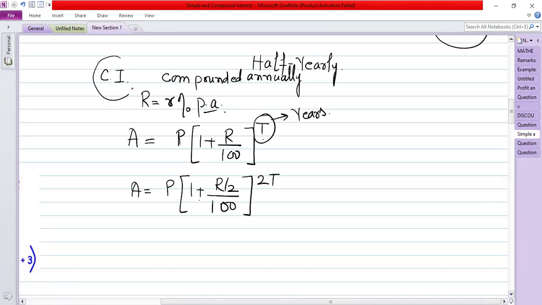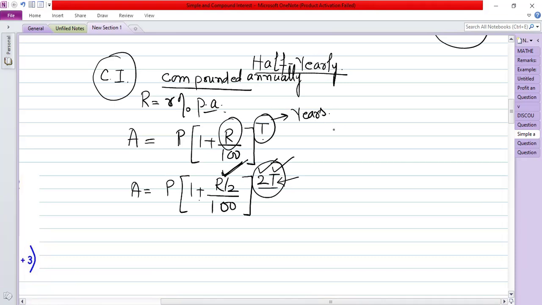Means if the compound interest is compounded half yearly, then the rate will be halved, divided by 2, but the time interval will be doubled. Means time is to be multiplied by 2.